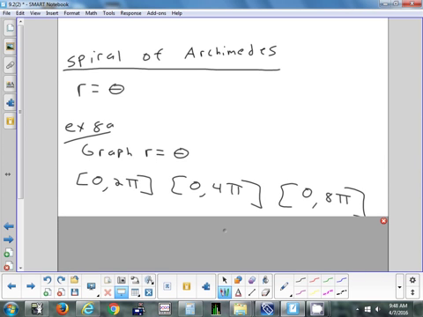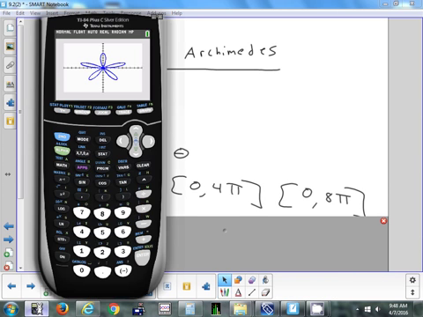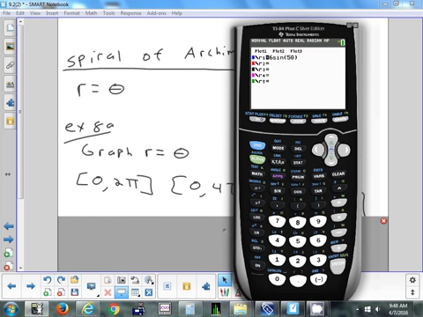And let's just try graphing it over different intervals. Just type r equals theta. Let's graph it from 0 to 2 pi. Now, the biggest my angle is going to get is 2 pi. So how big is my radius going to get?